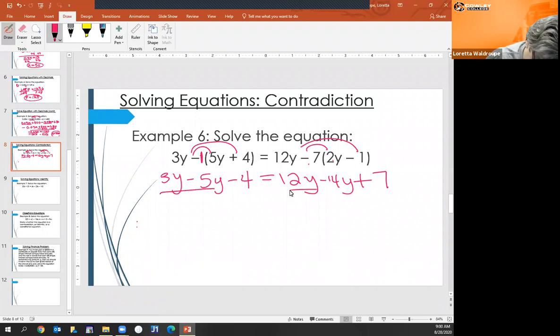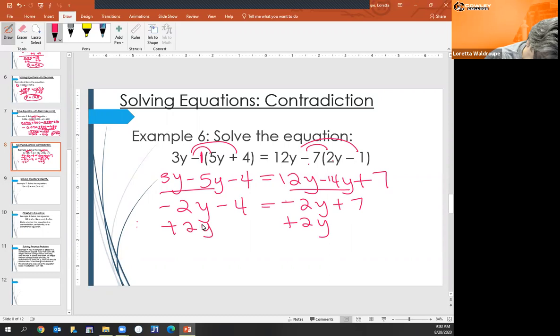Combining my like terms on each side, 3y minus 5y is a negative 2y, and 12y minus 14y is also a negative 2y. Add 2y to both sides, and you can see that your 2y's cancel on both sides.